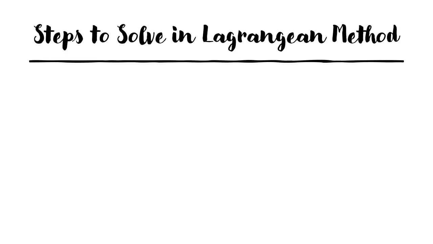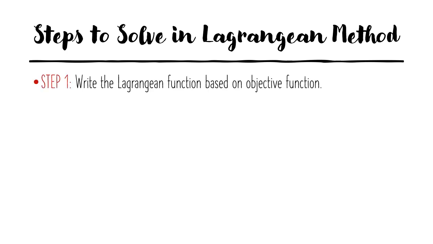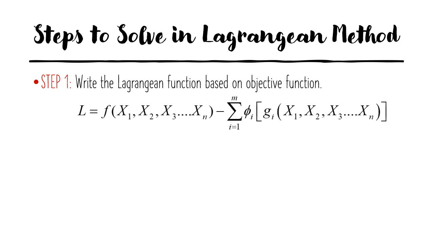Steps to solve a Lagrangian problem. Step 1: write the Lagrangian function based on the objective function, as we discussed in the previous slide. Write it in terms of L, which is equal to the objective function minus the summation of the Lagrangian multiplier times its constraints. This is the first step.